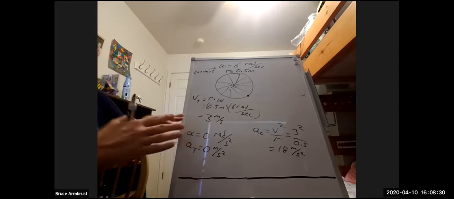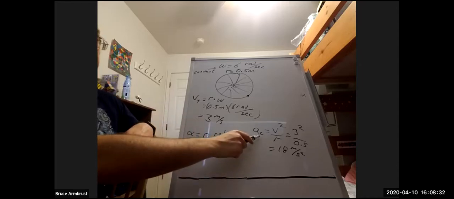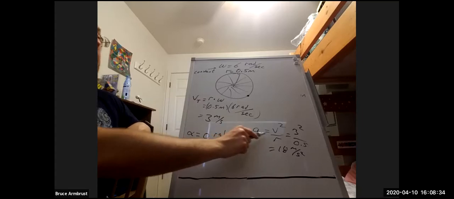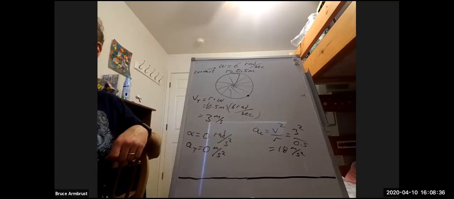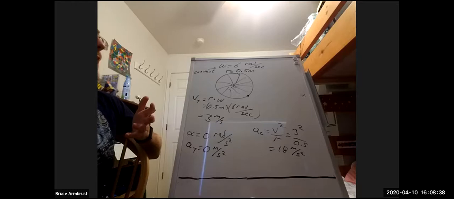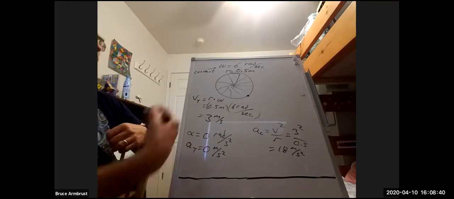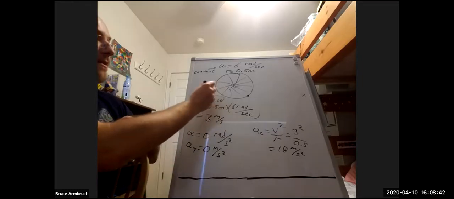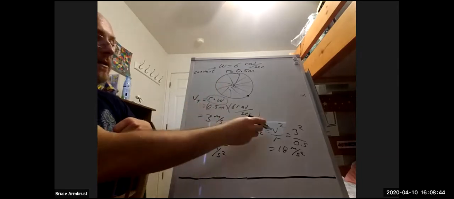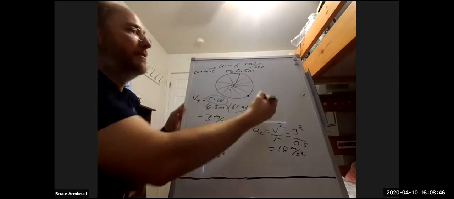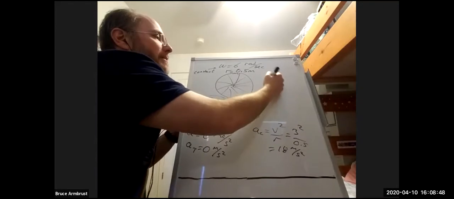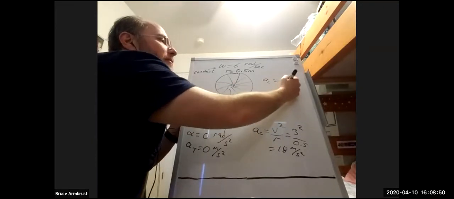Now, alternatively, we could have figured out this centripetal acceleration without calculating the v. We could have done it a little bit faster if we had substituted this r omega in for the v. So check this out. We've got our a_c, it's v² over r.